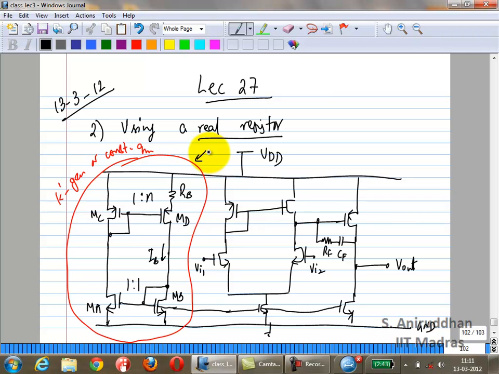They need to satisfy their current voltage relationships, right? If all currents are 0, will it satisfy the current voltage relationship? It will, definitely. I'm assuming RDS is very large, of course.